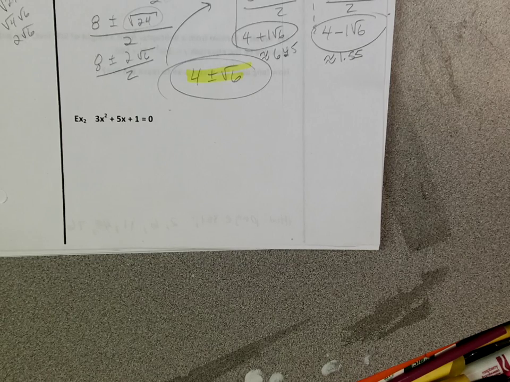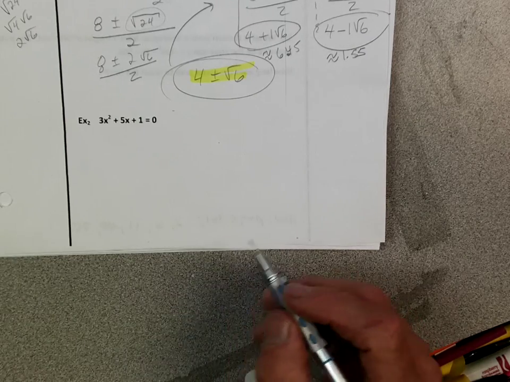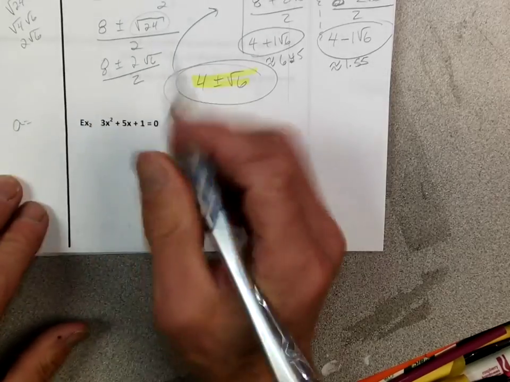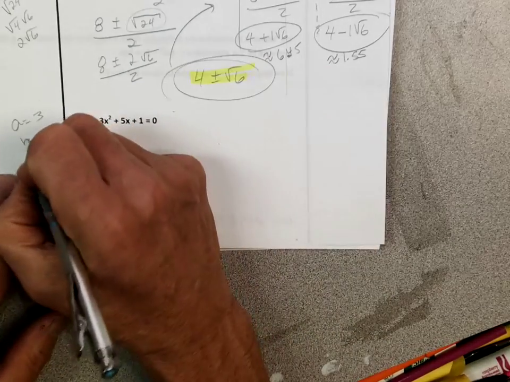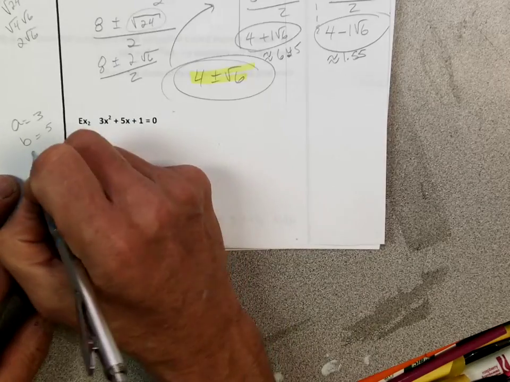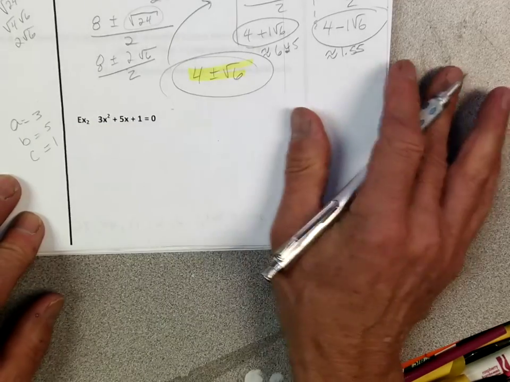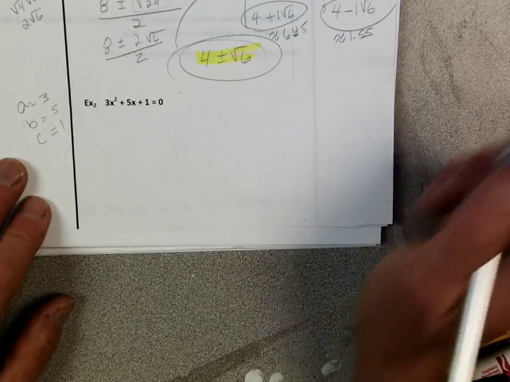First of all, let's list A, B, and C. A is 3, B is 5, and C is 1. We're just going to plug it in the formula.